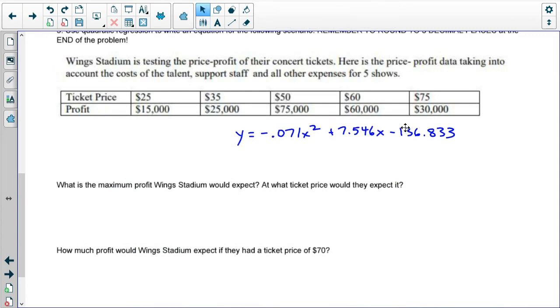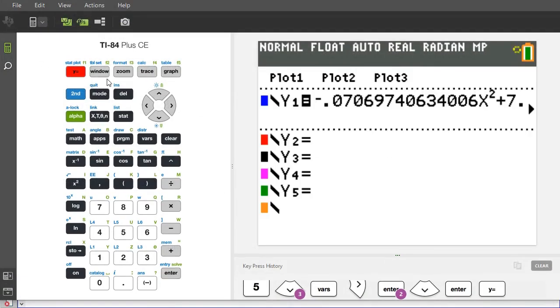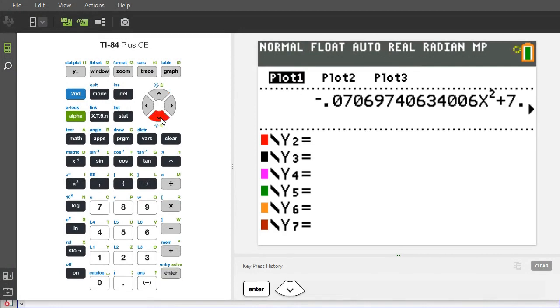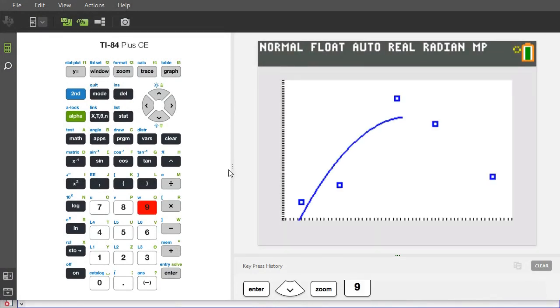So let's analyze what's happening on the graph. So that's my equation. So let's go to my y1. I'm also probably going to want my stat plot on so then I can see where the points are. And I'll zoom stat. So here are my points. Notice that the parabola doesn't exactly hit all of these points.